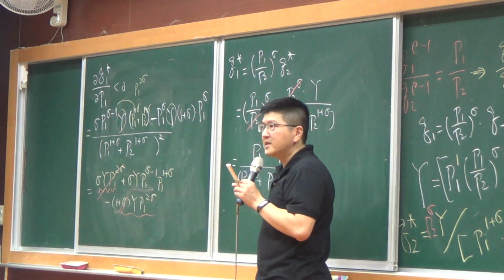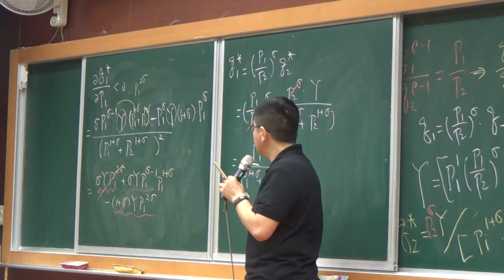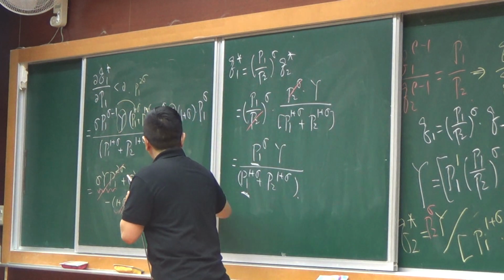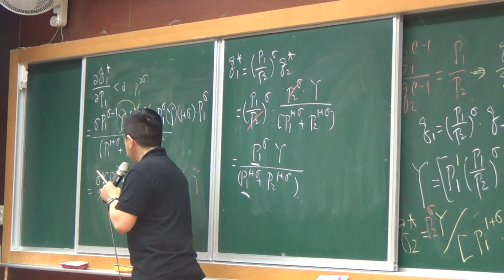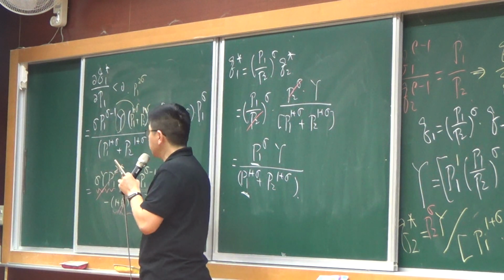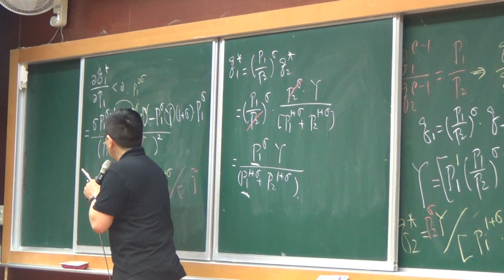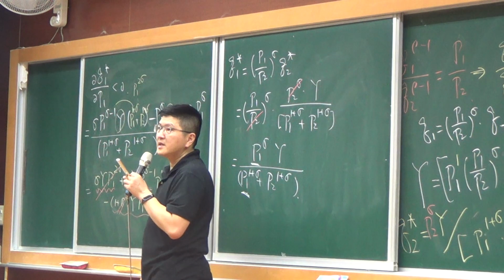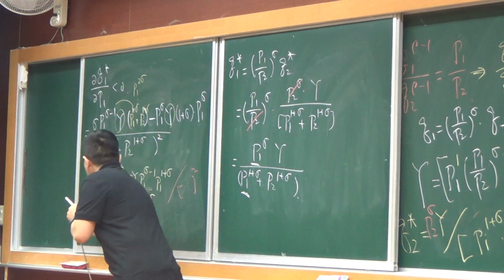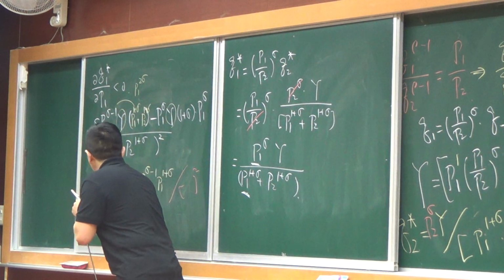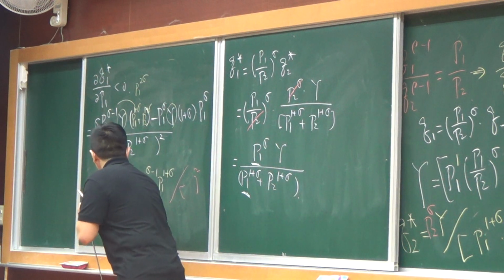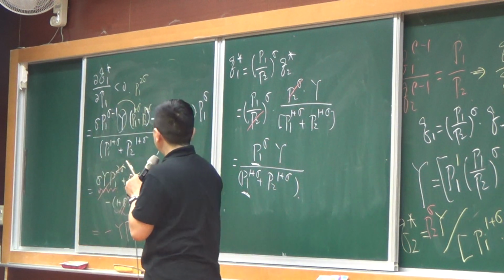Is that right? Sigma y P1 to the power of 2 sigma. Sigma y P1 to the power of sigma. Alright? So we have a negative y P1 2 sigma here.